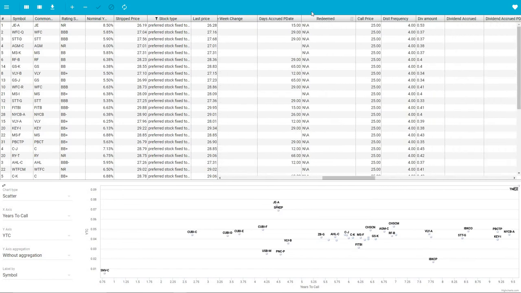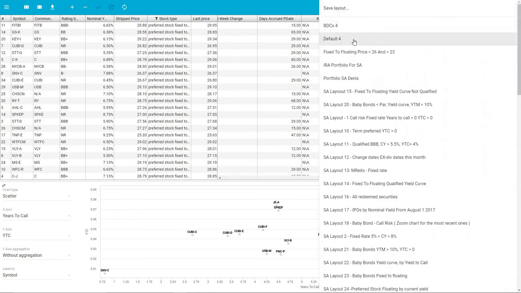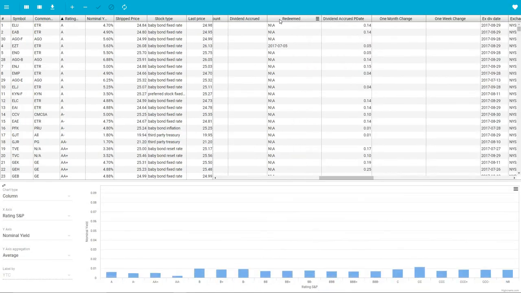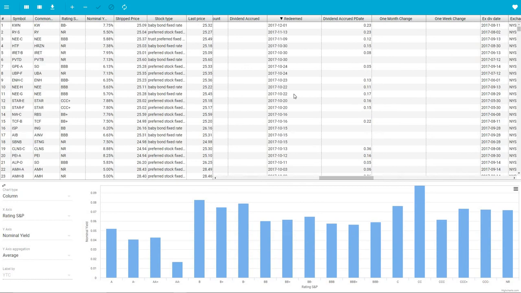Here you can see when a stock has been redeemed. We decided to include all the redeemed ones, because this gives you a very good idea.